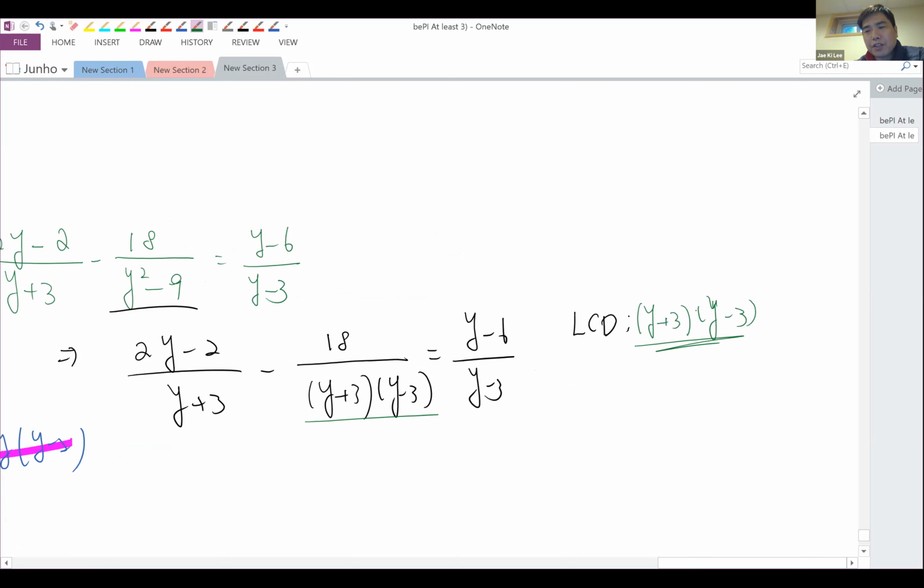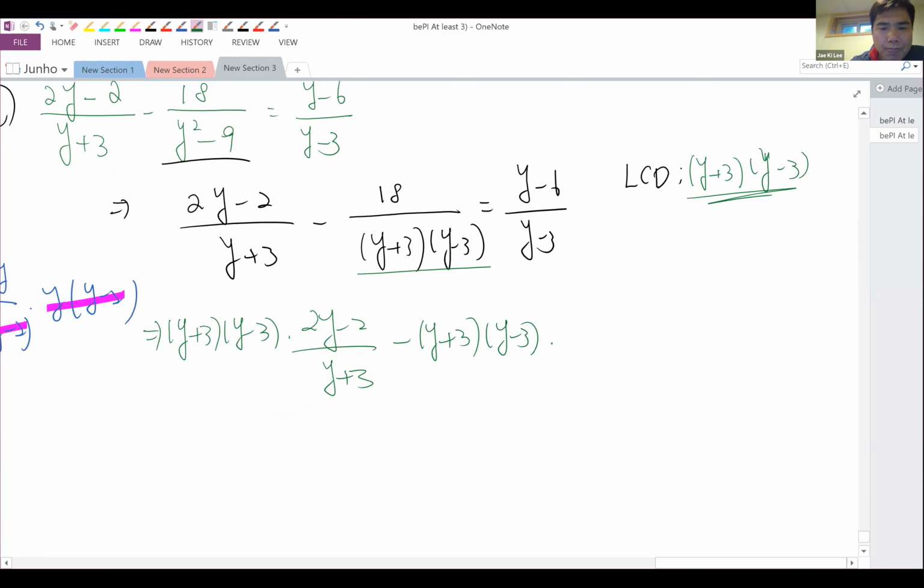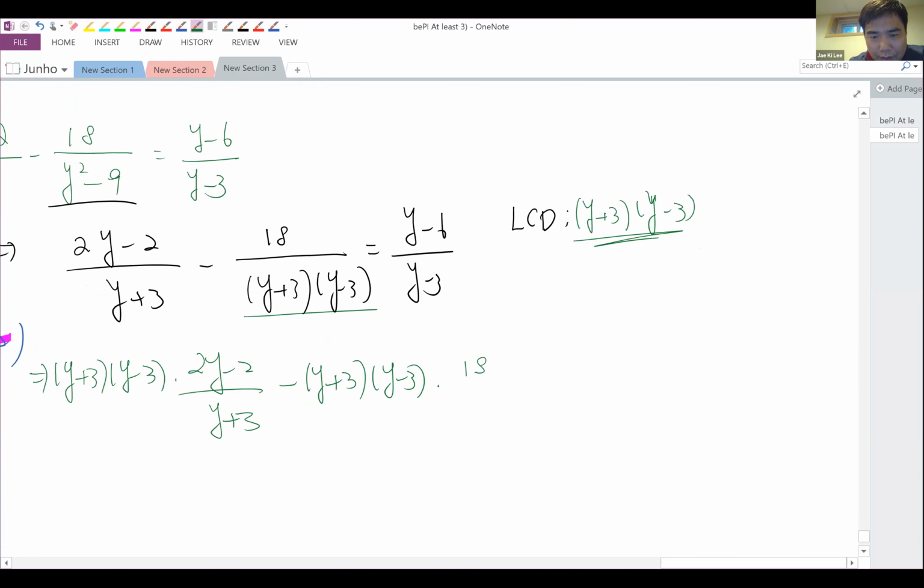Now we multiply LCD to every expression. So y plus 3, y minus 3 times 2y minus 2 over y plus 3 minus y plus 3, y minus 3 times 18 over y plus 3, y minus 3 equal to y minus 6 over y minus 3 times y plus 3, y minus 3.